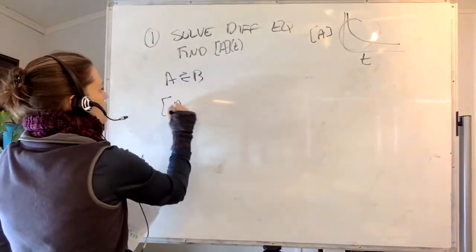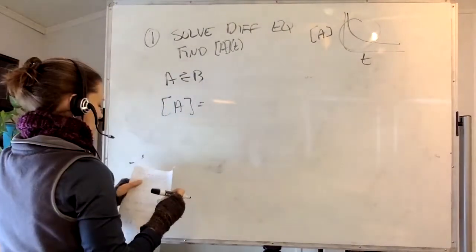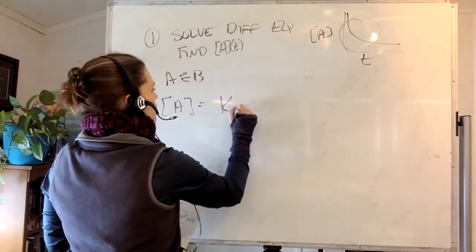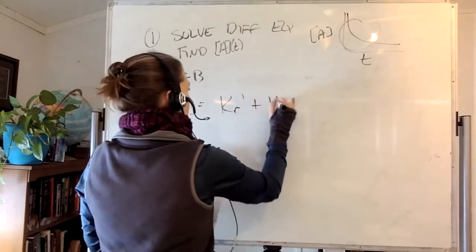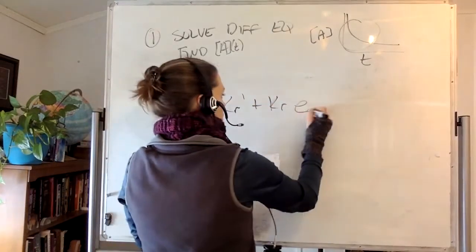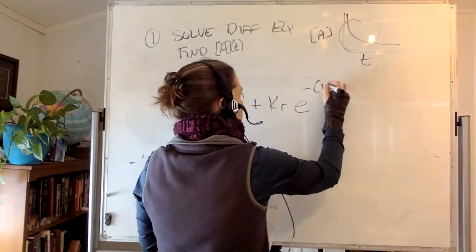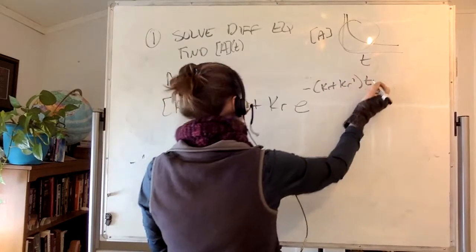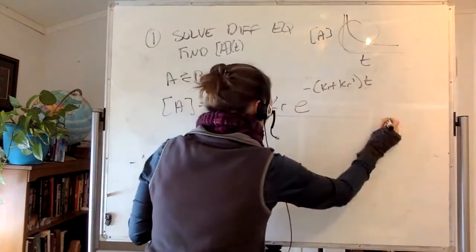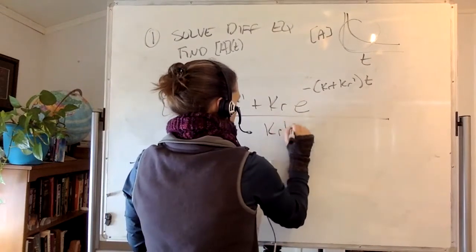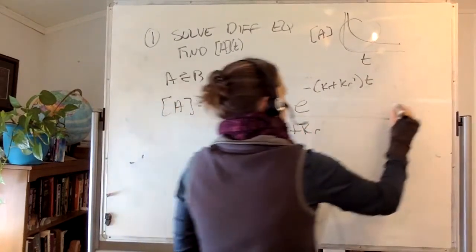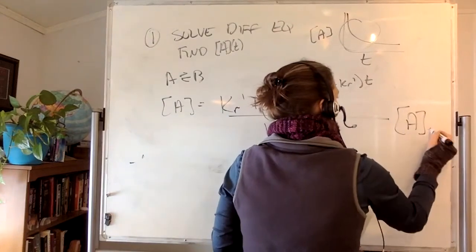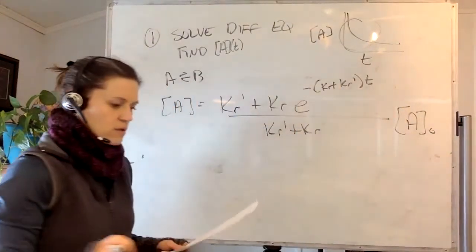So solving the differential equation that I set up before, you get Kr prime plus Kr times exponential to the minus quantity Kr plus Kr prime, multiplied by time, divided by quantity Kr prime plus Kr, all of that multiplied by A0.